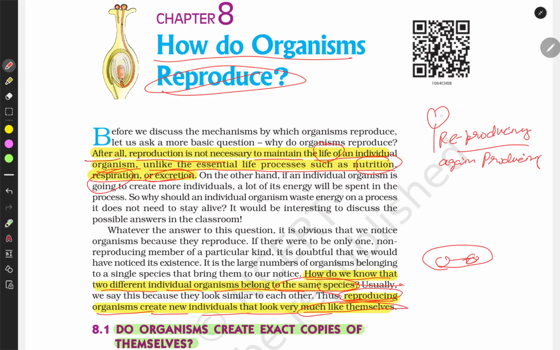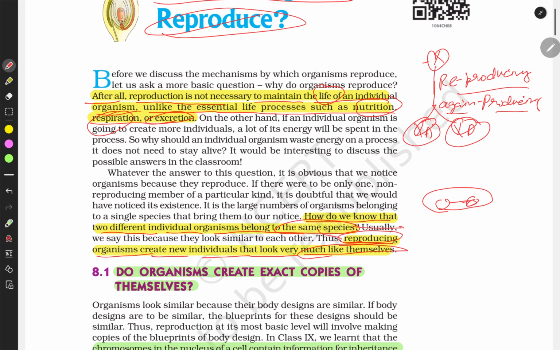So suppose this is an X organism, it is again producing one more individual, let's say two more individuals, XA and XB. So this again producing of the same species having almost similar characters is called reproduction, and this is done in two ways.